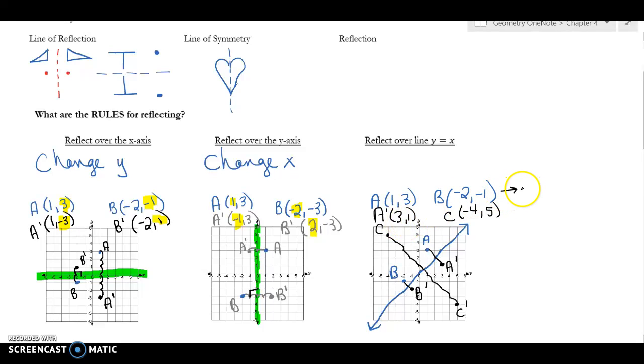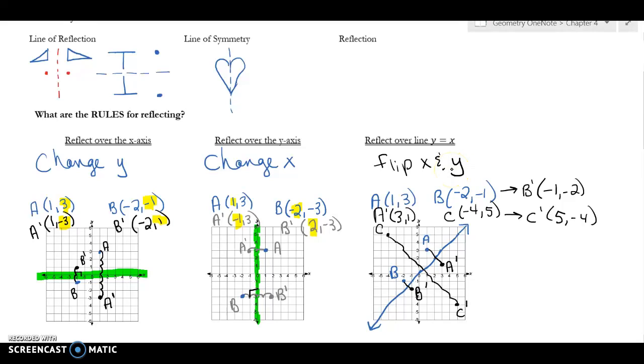If you notice, it just switched the order here. Let's see if that works again. B prime was at -1, -2. Yeah, it worked. It just switched the order. So then C prime should be at 5, -4. And yeah, it's at 5, -4. So the rule for when you reflect over y equals x is flip x and y.